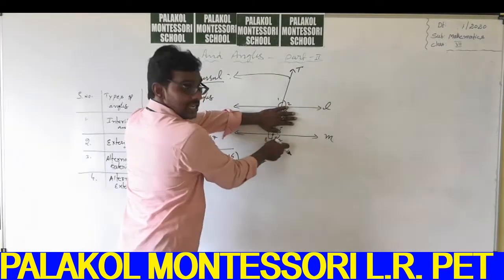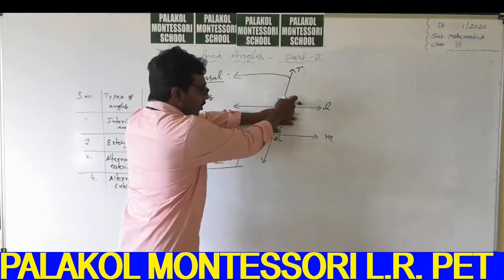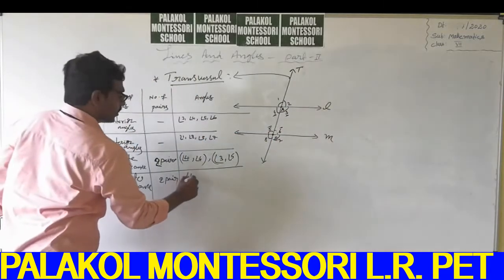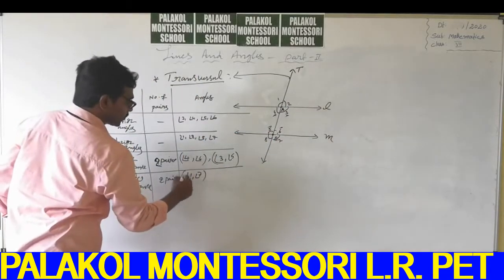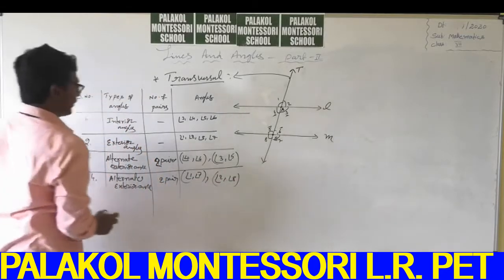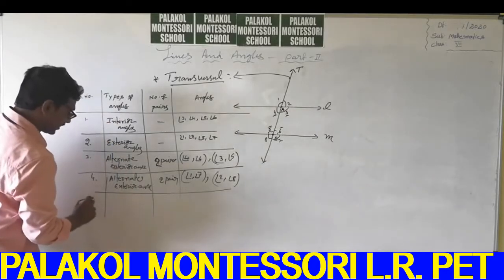That's angle 1, angle 7, alternate exterior angles. Angle 2, angle 8. So angle 1, angle 7 is one pair. Angle 2, angle 8 is another pair.